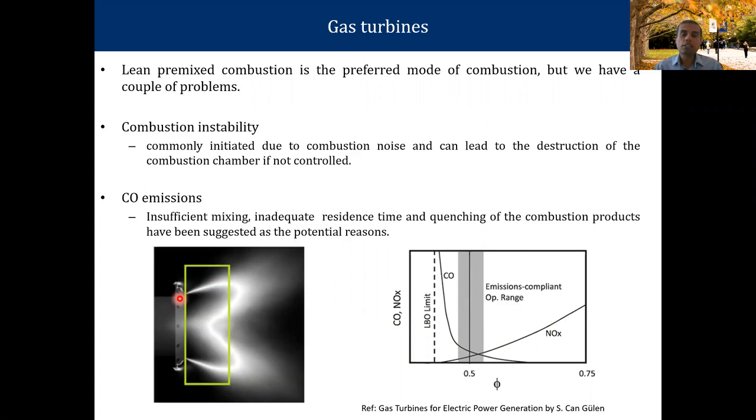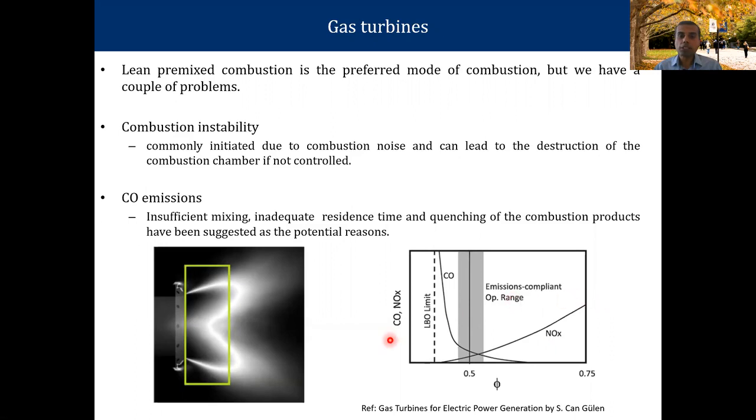The other type of problem we can get in gas turbines is CO emissions. The picture on the right-hand side shows CO and NOx as a function of equivalence ratio. You can see as we change the equivalence ratio, basically as we put more fuel into the fuel-air mixture, the amount of NOx emission increases, and that correlates with temperature.